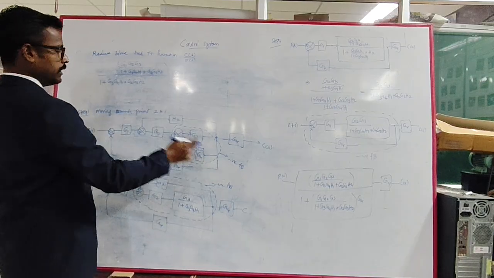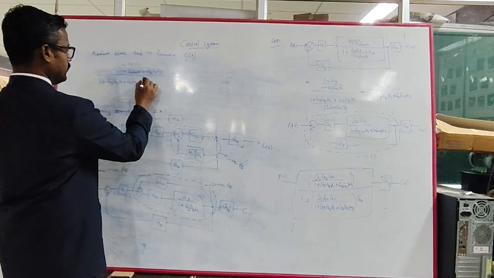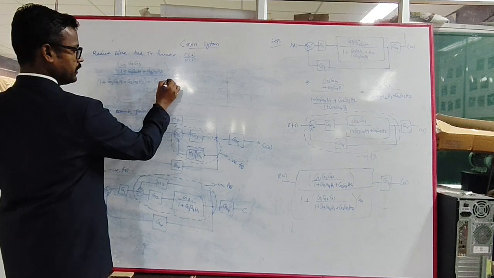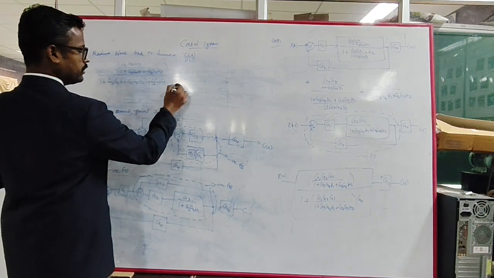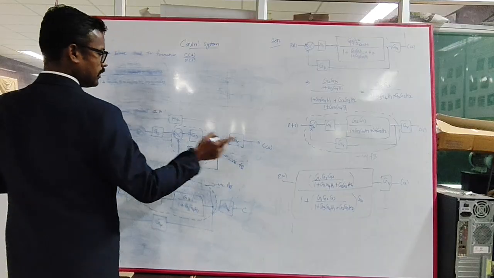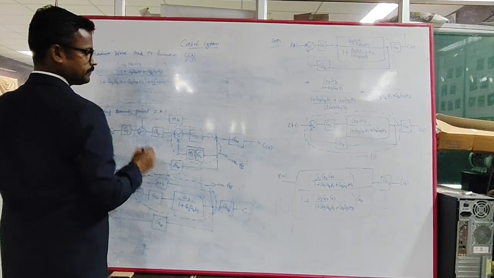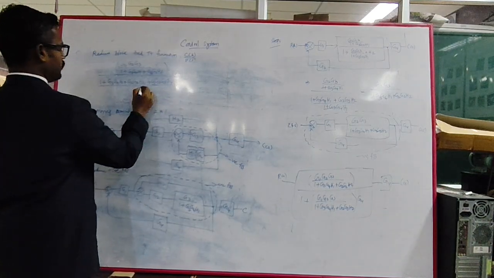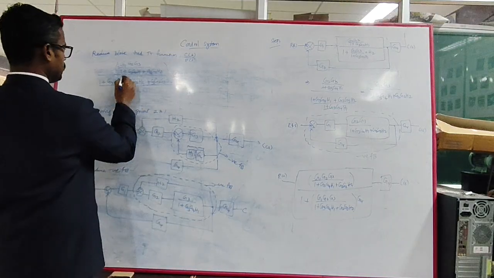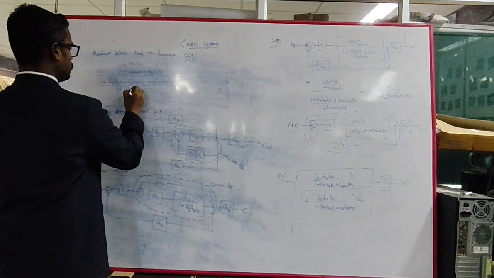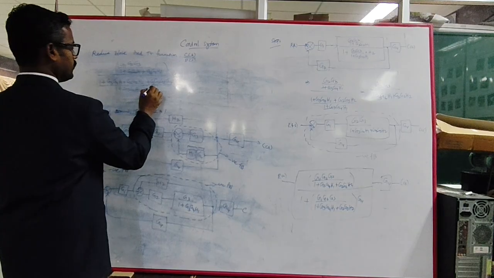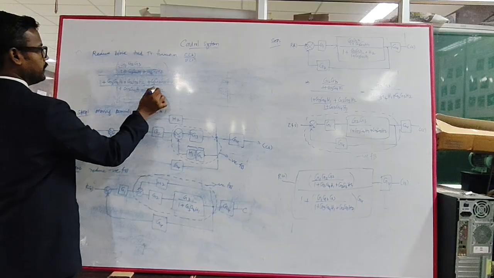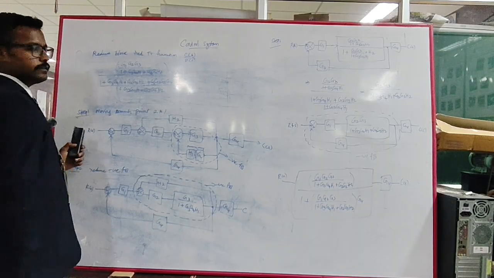Okay, this you will get multiplied with 1, plus G1 G2 G3, and it is also multiplied with the G4. So the whole divided by the same denominator, 1 plus G3 G4 H1 plus G2 G3 H2. Now this denominator and this denominator will get cancelled out.